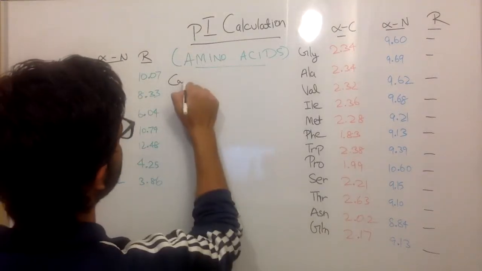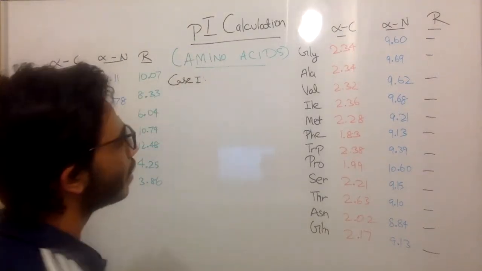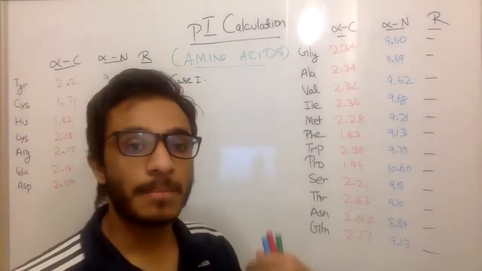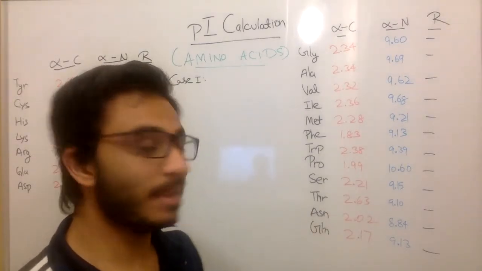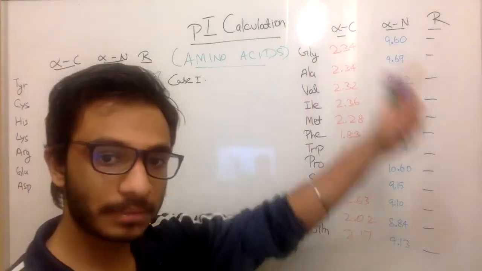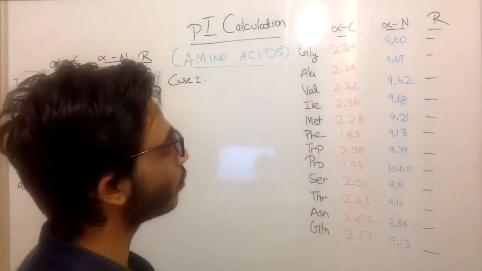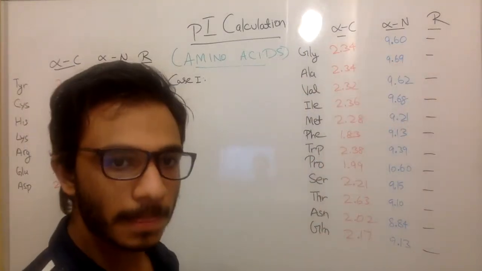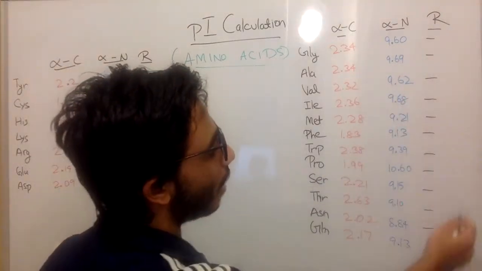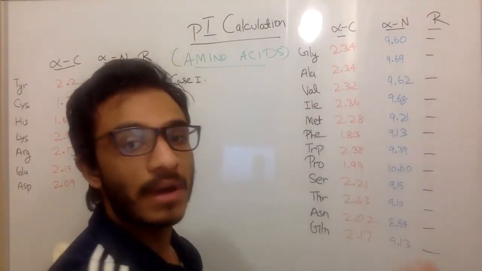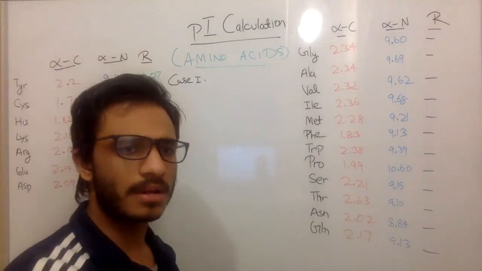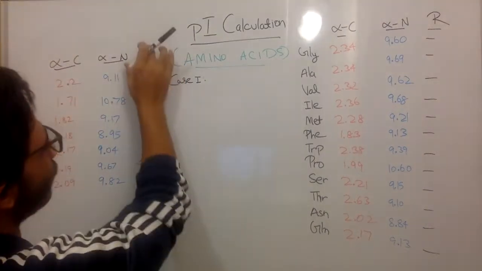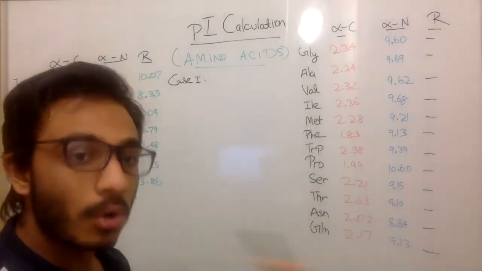So case 1 is when we need to calculate the pI value for amino acids that are over here. These are all the amino acids that don't have an R group with any pKa values, right? I told you there are 7 amino acids that have R groups with their own pKa values.